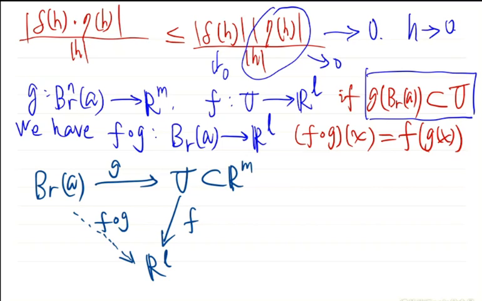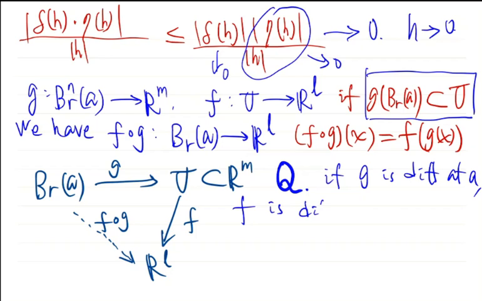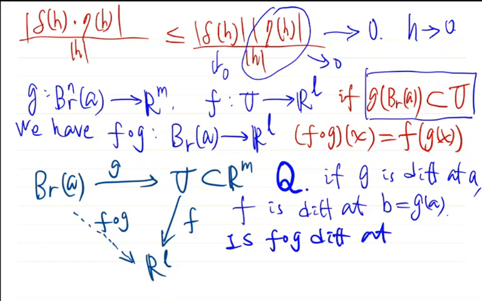Okay, so a basic question we will study is: if G is differentiable at A and F is differentiable at the corresponding point B, where B is the image of A under the map G, is the composition differentiable at A?